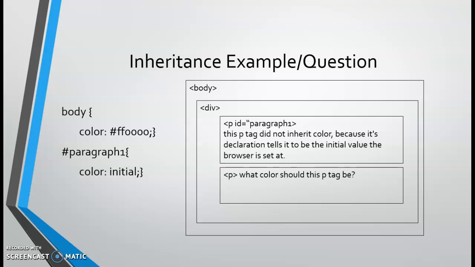So, that being said, it's going to inherit down the line. So I've told this body to be red. So that's going to be inherited by the div. And the things inside the div are going to inherit that, except for the ones that I've given an ID to. So that being said, what color is this P tag going to be?